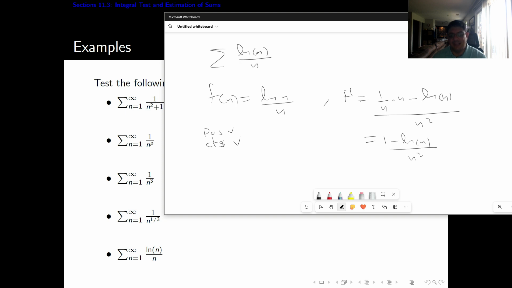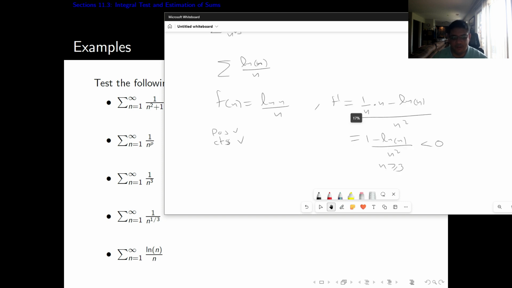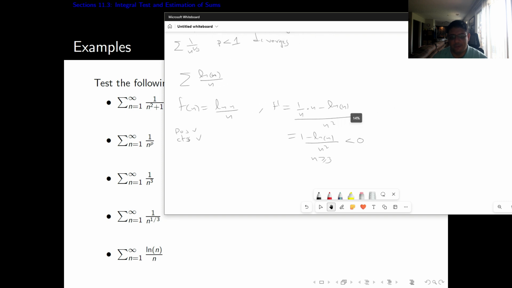So essentially this is just going to be 1 minus log of n over n squared. So notice that if n is bigger than 1, the denominator is going to be bigger than 0. And so mostly this is going to be a negative value, especially if we go with a number that is bigger than 3. So let's say for n bigger than 3, this number here is negative. So I can go and say, well, yeah, it's going to be decreasing, or in general it's decreasing for the most part.